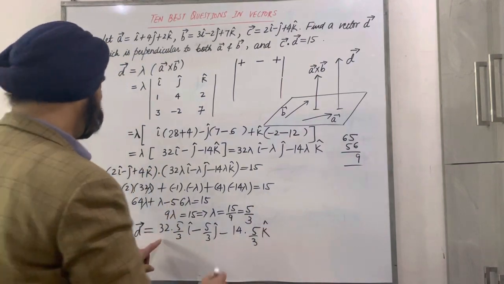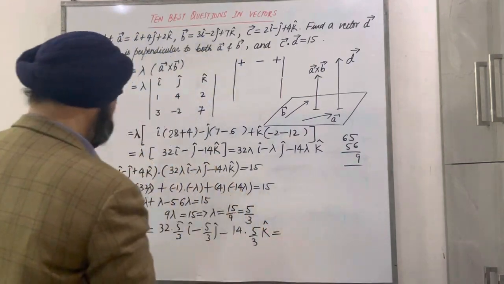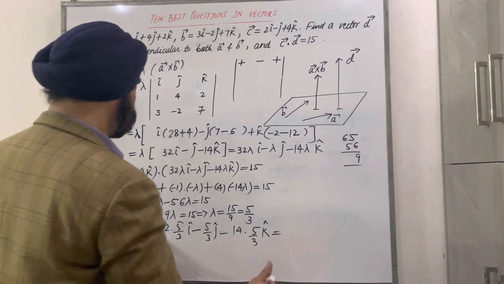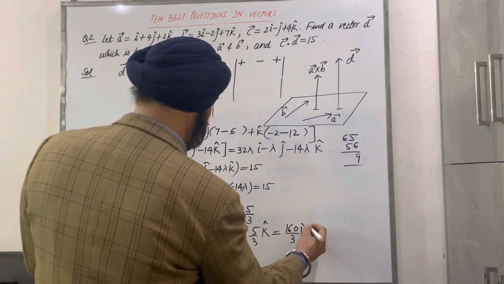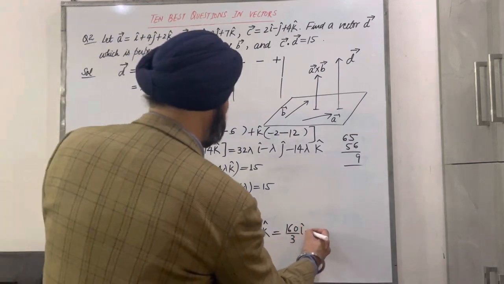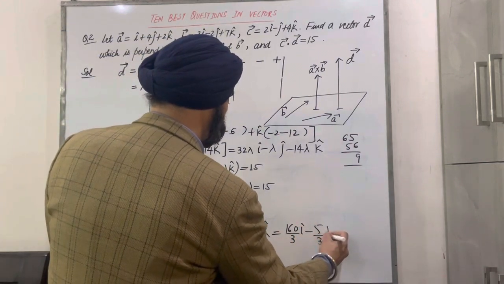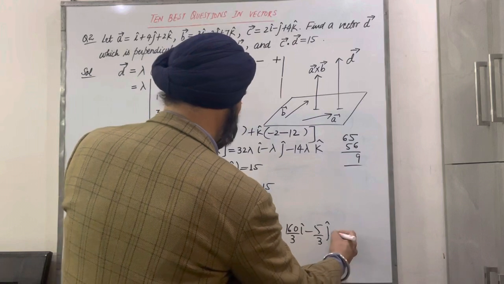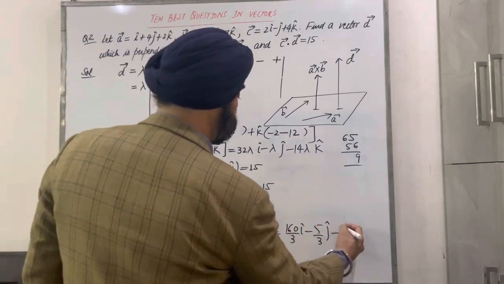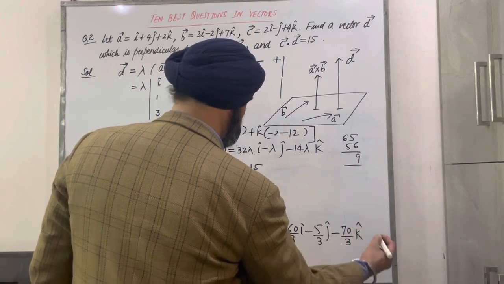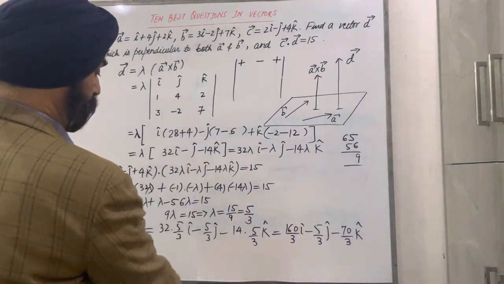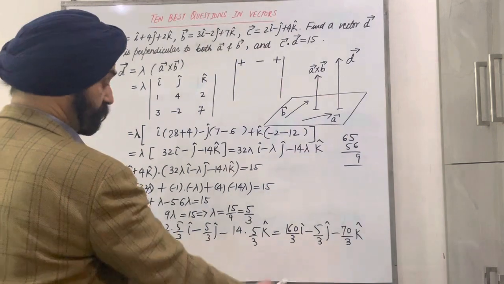Now let us simplify. That makes it 32 5s, 160 divided by 3 of i cap minus 5 by 3 of j cap and minus 14 5s is 70 upon 3 k cap. So this way our final answer is obtained.